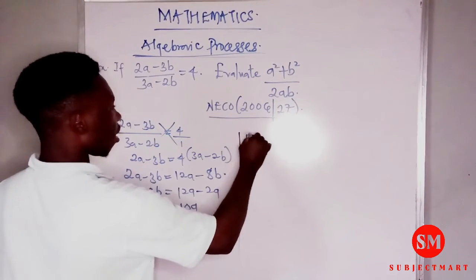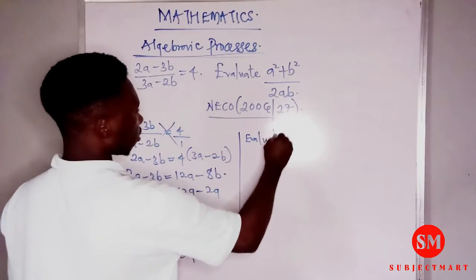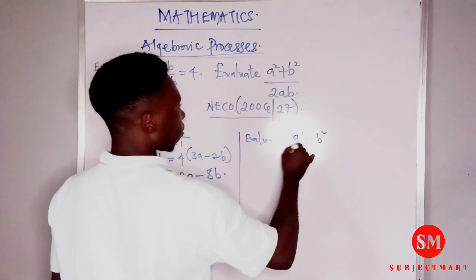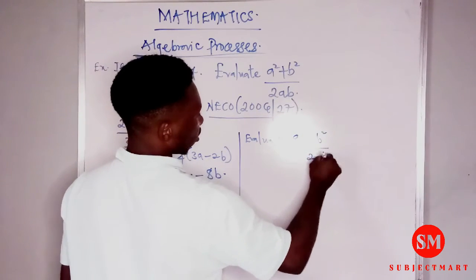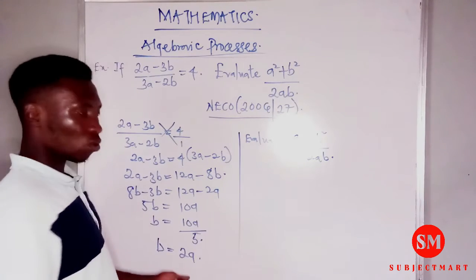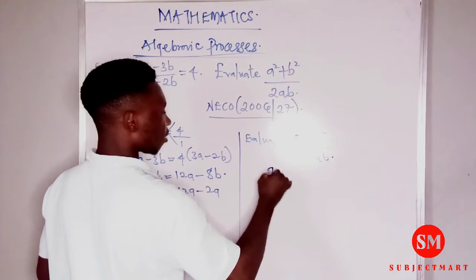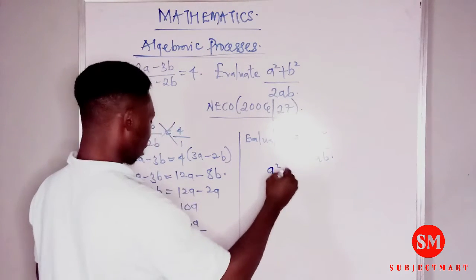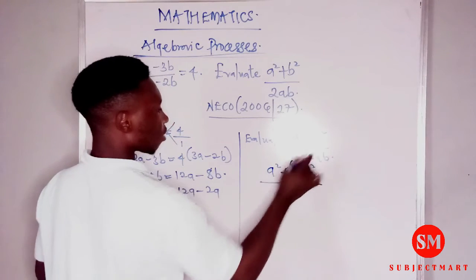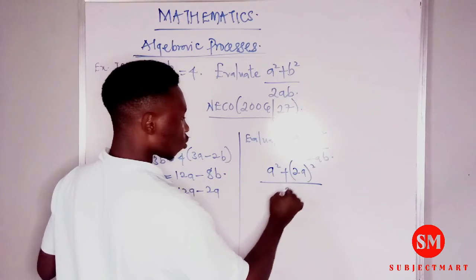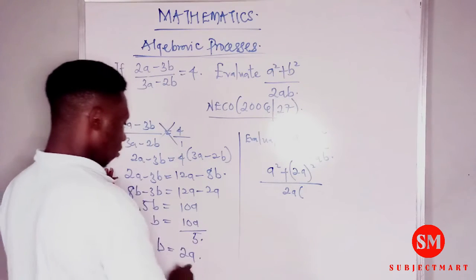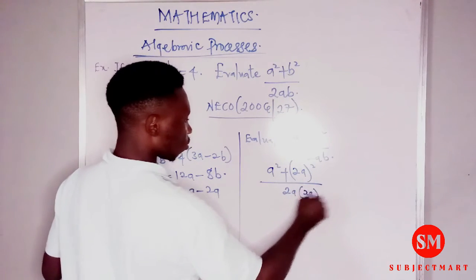The question said evaluate completely a squared plus b squared over 2ab. Now, since my b is now 2a, this becomes a squared plus, instead of writing b, I'll now write 2a squared over, this becomes what? 2a open bracket 2a.